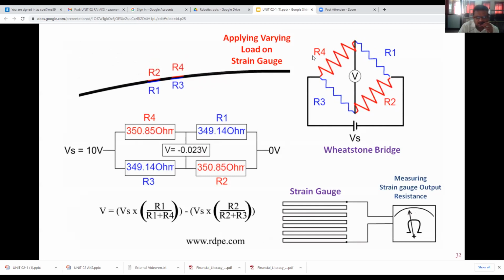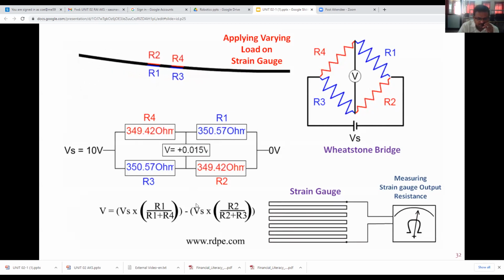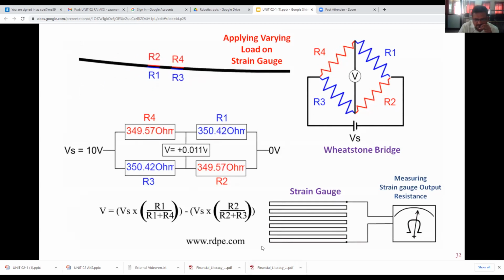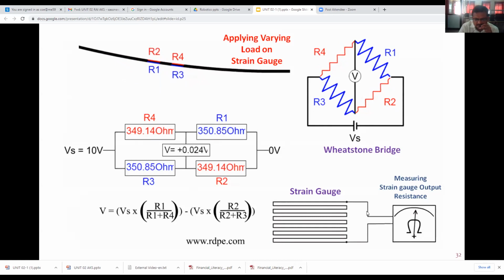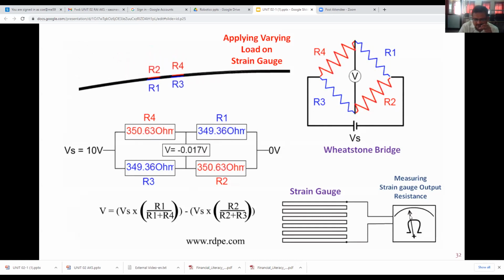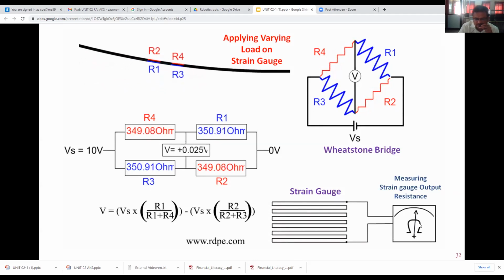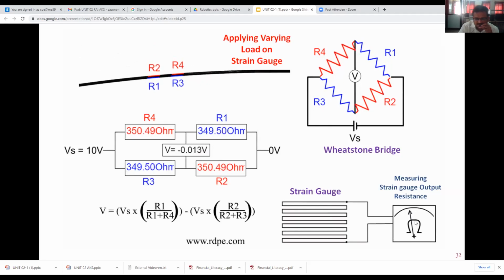Now you are observing here this strain gauge deflection, the contraction and expansion, and this expansion and contraction of the strain gauges is directly calibrated in terms of the measured strain gauge output resistance. Here a meter will be there, it can measure the strain gauge resistance.